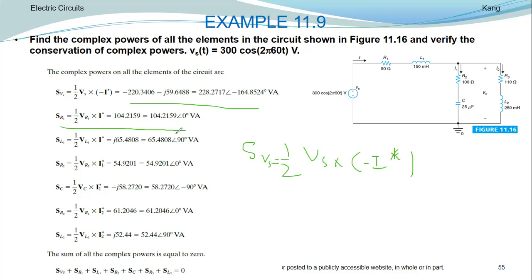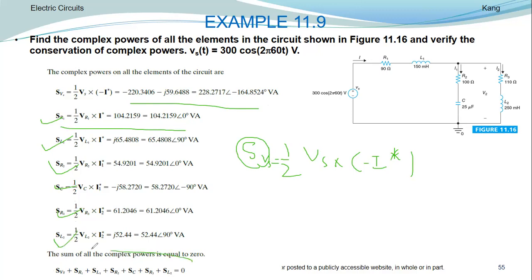For VR1, the value will be the same, so we can use the same formula. This is the method to find the values of S source, SR1, SL1, SR2, SC, SR3, and SL2.